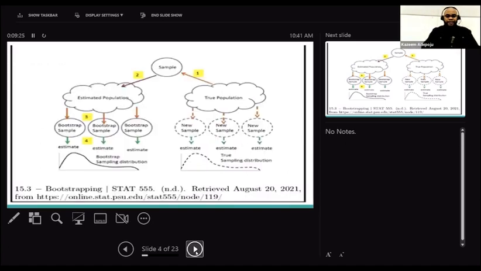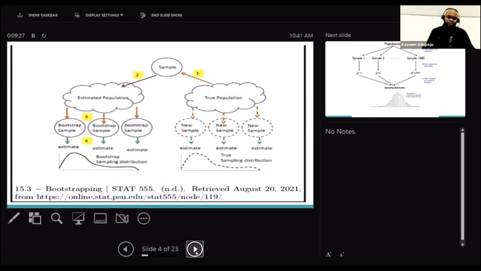Now, I wanted to take a look at what I'm having now. You can see we got a sample right on top. The one we've been doing before, the sample comes from the true population, right?